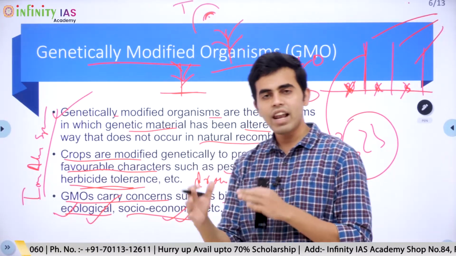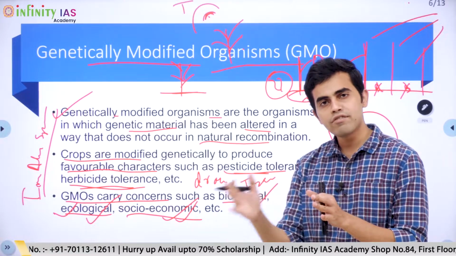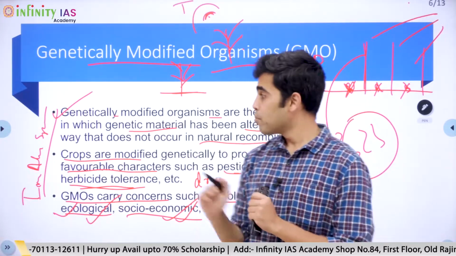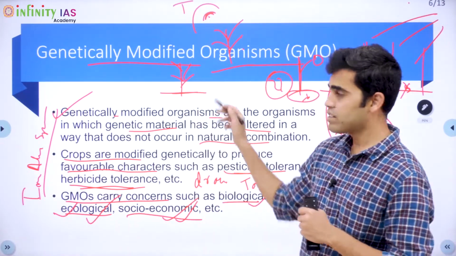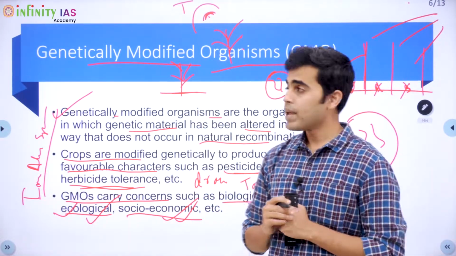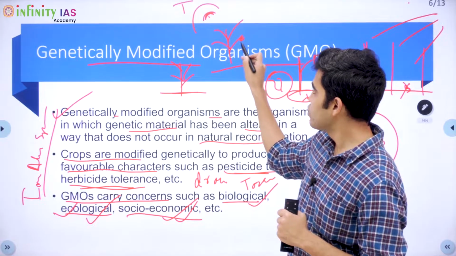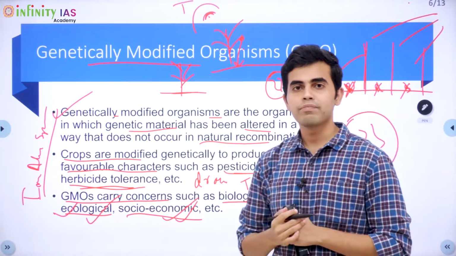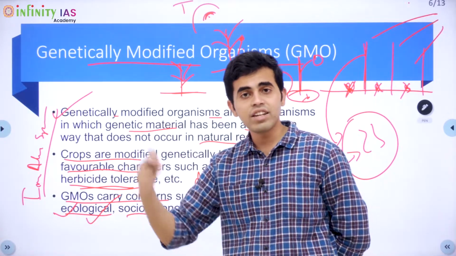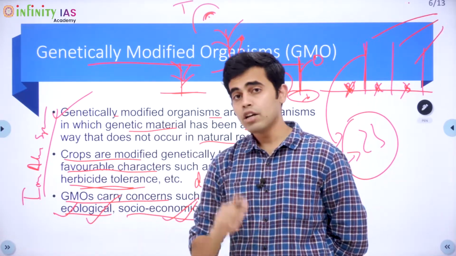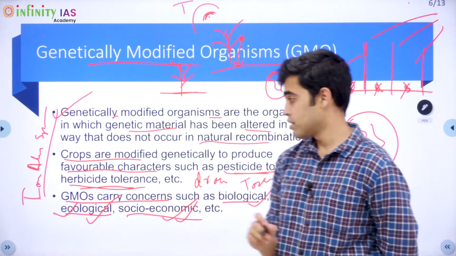That means they will have the same crop that will give them seeds for the next season. But what if the seed company that has invented this new crop variety has made sure that these seeds won't work the next season? So that becomes a burden on the farmer to buy seeds every season from the same company. So that is a socio-economic concern.